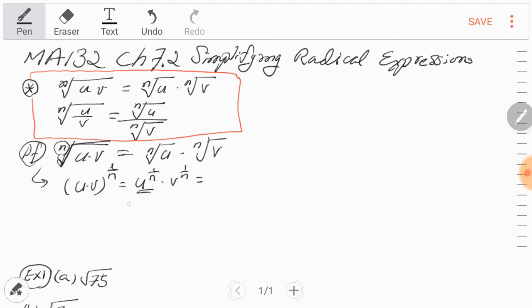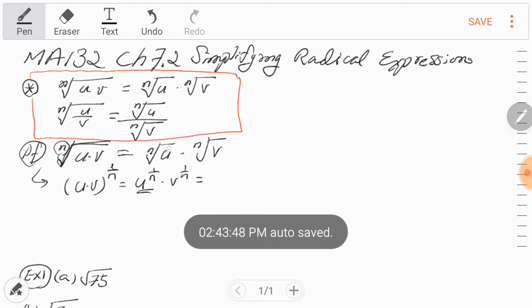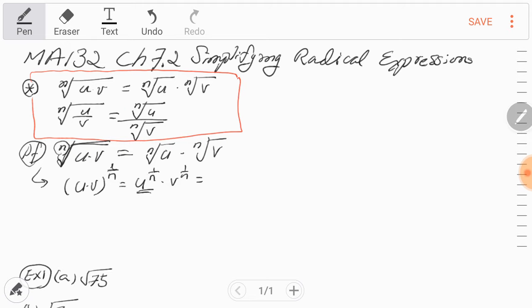And back to the radical expression: the denominator n in the exponent goes to the index, so nth root of u times nth root of v. So this is equal to the formula.